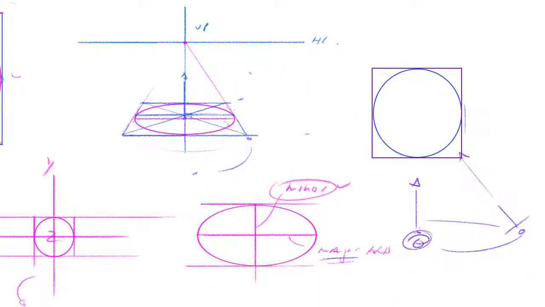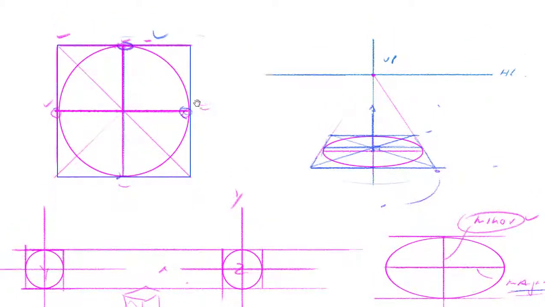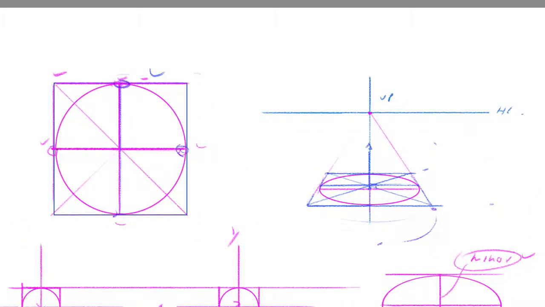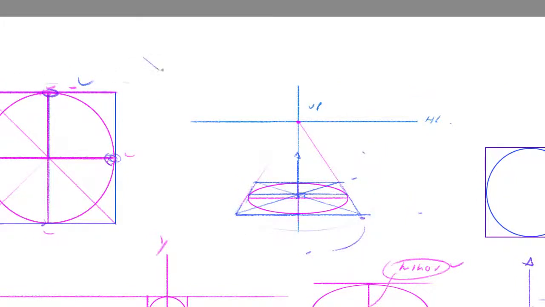The first thing that I know, going through this again, is I need two lines that touch the circle. And I know in 2-point perspective, if I start with a ground plane, this plane is going to the right vanishing point.